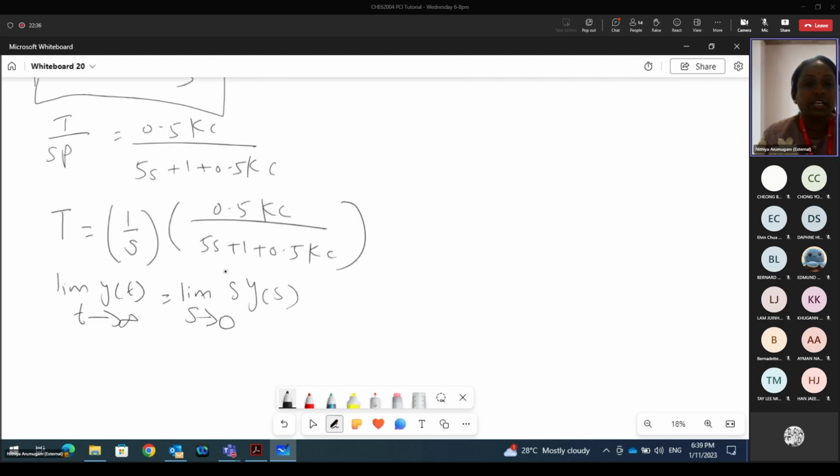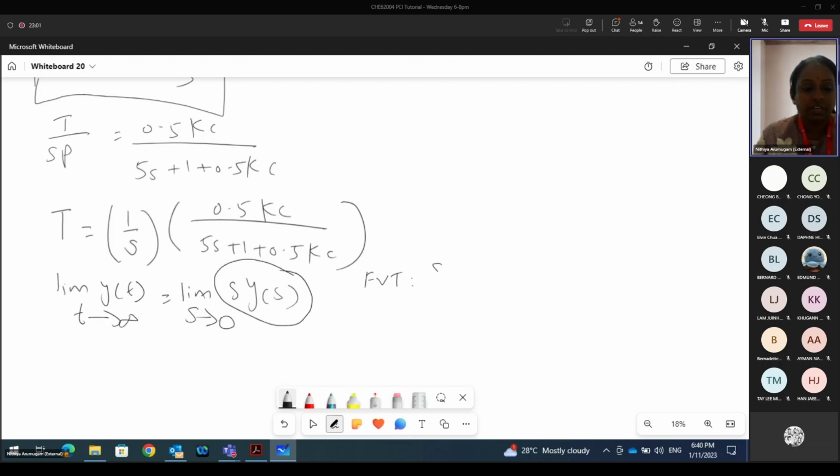As s approaches 0, this term will be cancelled out. To substitute into the final value theorem, we need to calculate this first.